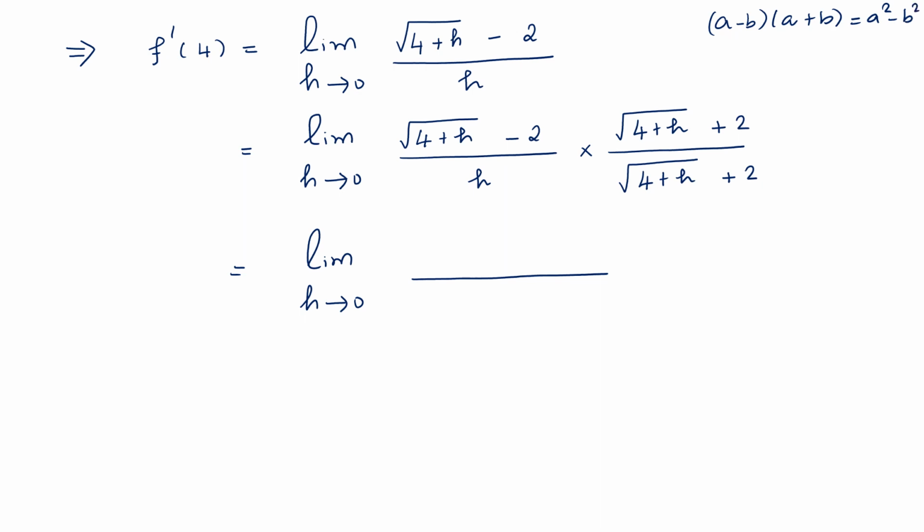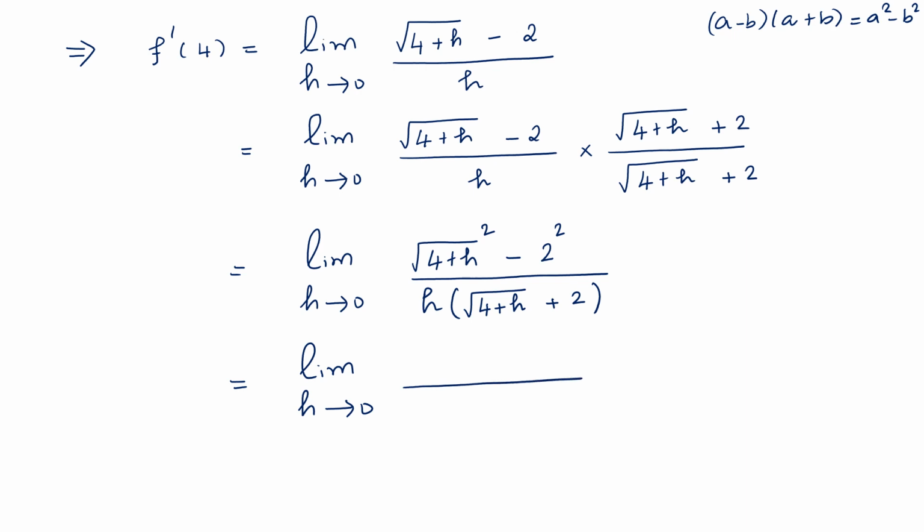So here the a value is square root of 4 plus h, and the b value is 2, so b square is 2 square, over h multiplied by square root of 4 plus h plus 2, equal to limit h tends to 0.